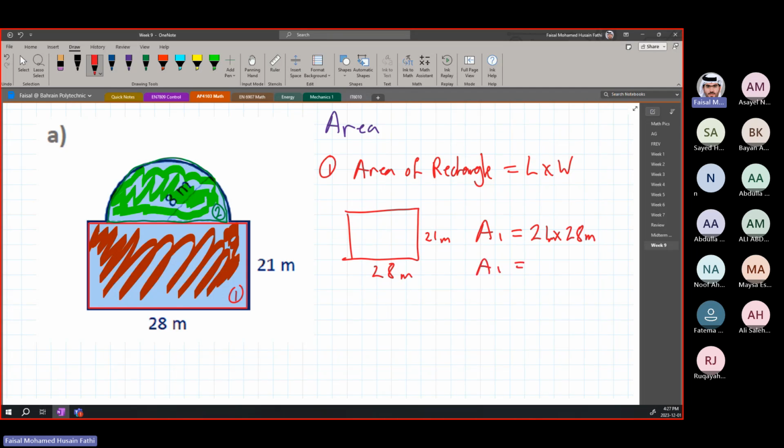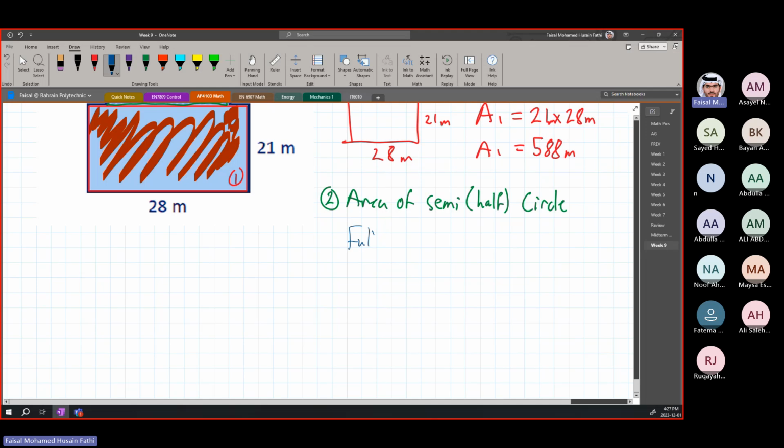Area 1 is equal to 21 times 28, which is 588 meters. Okay, simple. Area 2, it's an area of a semicircle or a half circle. So we know that the area of a full circle is equal to pi r squared.